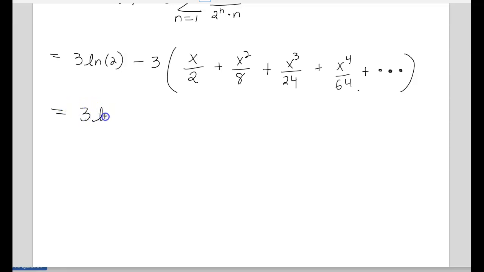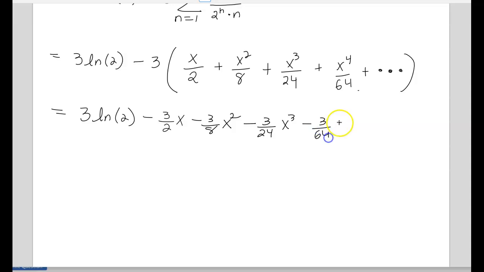So we have 3 ln of 2 minus 3 over 2 times x, still minus, they're all minus because of the minus sign, minus 3 over 8 times x squared, minus 3 over 24 x cubed, and then minus 3 over 64 x to the 4th, minus dot, dot, dot.